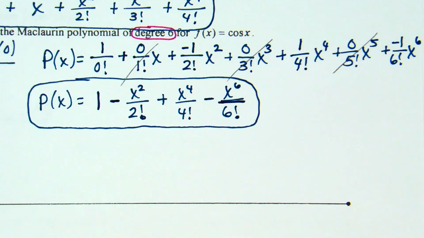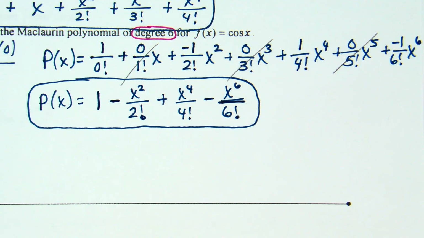Okay. Could you keep writing that? Do you see a pattern here? When you're writing the Maclaurin polynomial for cosine, it's only going to be even powers. My signs are alternating, right? And so there are some shortcuts you could use given the right situation.